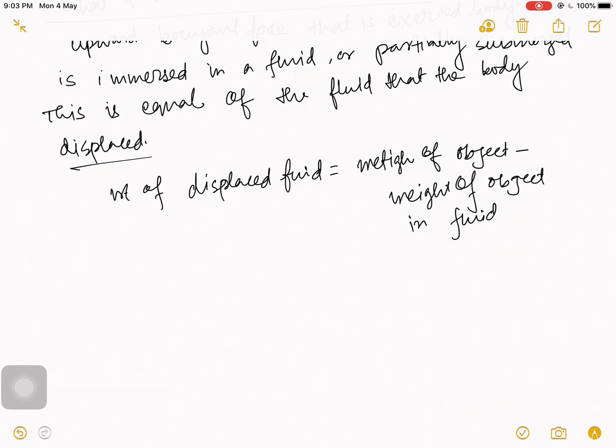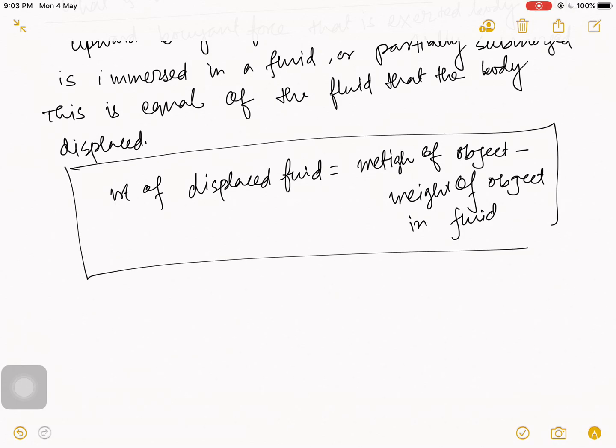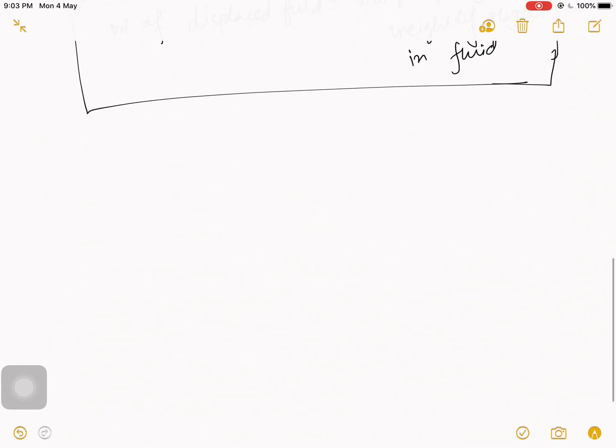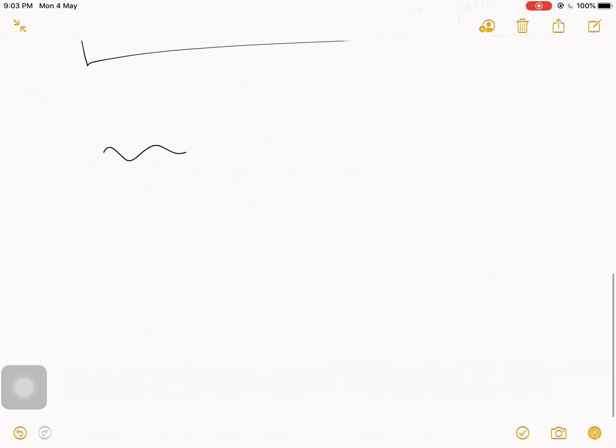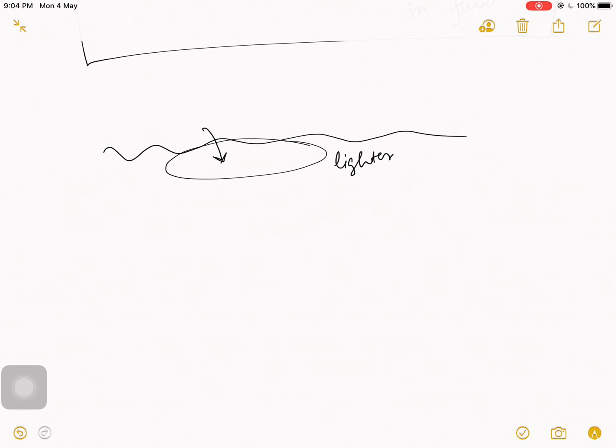You may say, sir, it is not clear, so let me explain. Suppose this is your swimming pool. When we dive in this swimming pool, we feel lighter. Can you feel it? Yes.